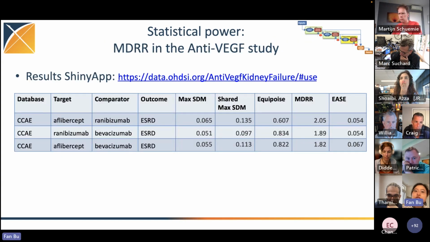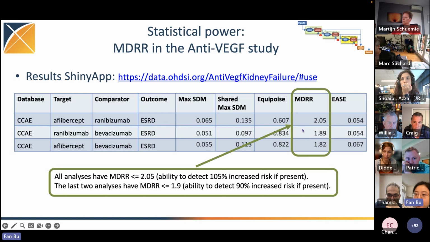Now, if we do look at the results, our Shiny app, which is linked right here for our anti-VEGF study, then we can notice that the MDRRs across the three comparisons for the IBM CCAE database, I want to mention that I'm only copying certain rows as examples. We do have results right up on there from many different databases now.